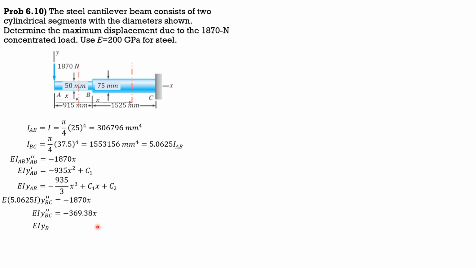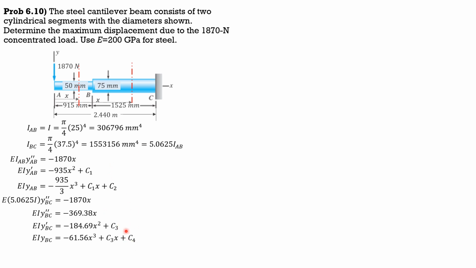Integrating, EI y prime BC equals negative 184.69x squared plus c sub 3. Integrate again. So that distance is 2.44. EI y BC equals negative 61.56x cubed, after we divide by 3, plus c sub 3 x plus c sub 4. So we can use this equation and this equation to solve for c sub 3 and c sub 4.